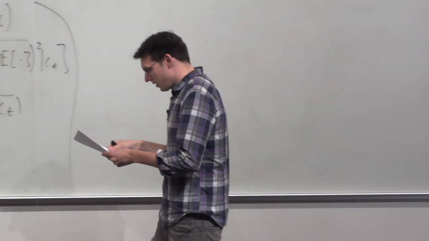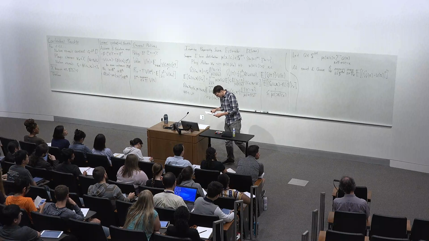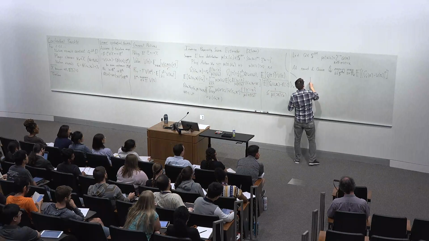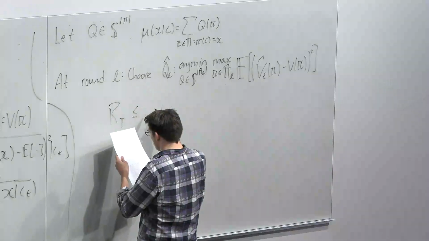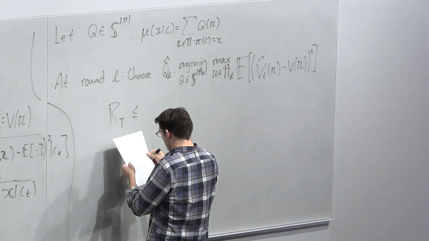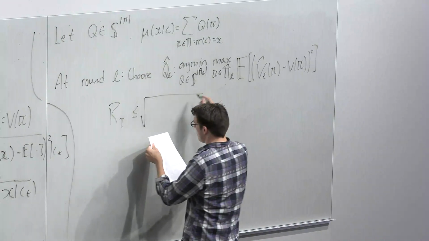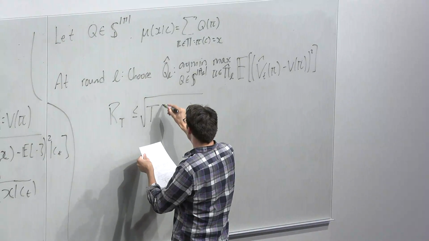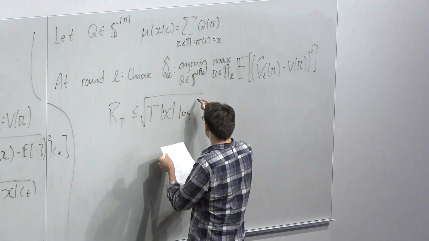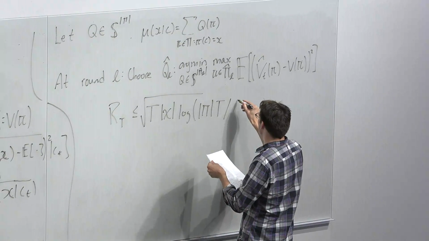And just for good measure, if you do this, you can get a regret bound that looks like R_T less than or equal to square root of T times log of pi T over delta.